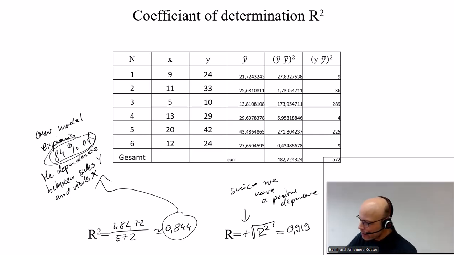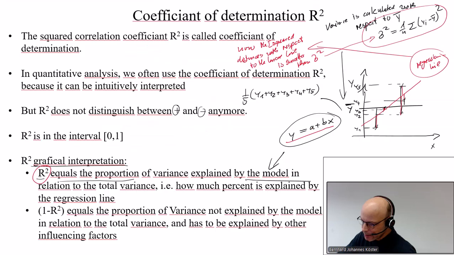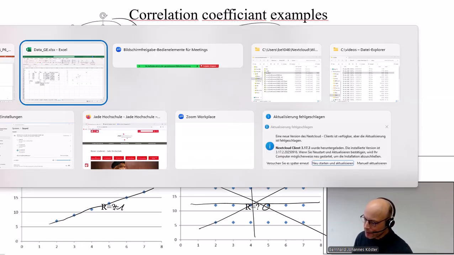Okay, I think we had also to resolve our starting puzzle here. So this is, I think, our data, or no, it's other data. Let's take this one and calculate the R squared.